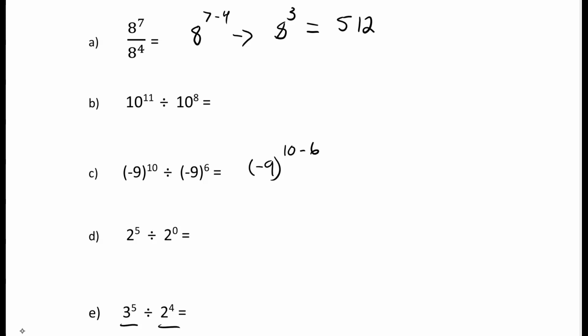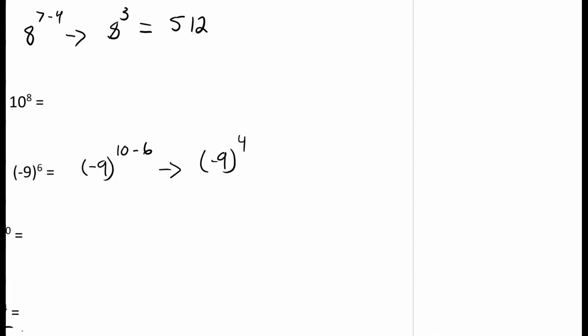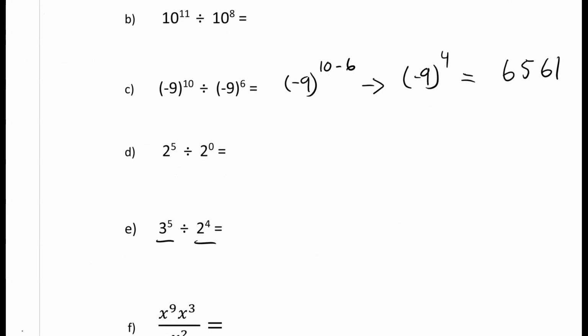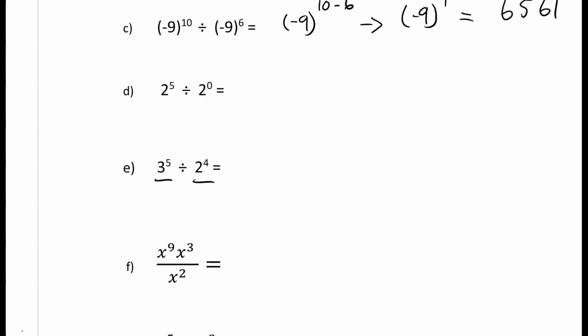So you have negative 9 to the power of 10 subtract 6 gives us negative 9 to the power of 4. Again, we're going to evaluate this, and this equals 6,561. D, I'm going to leave for you to do.